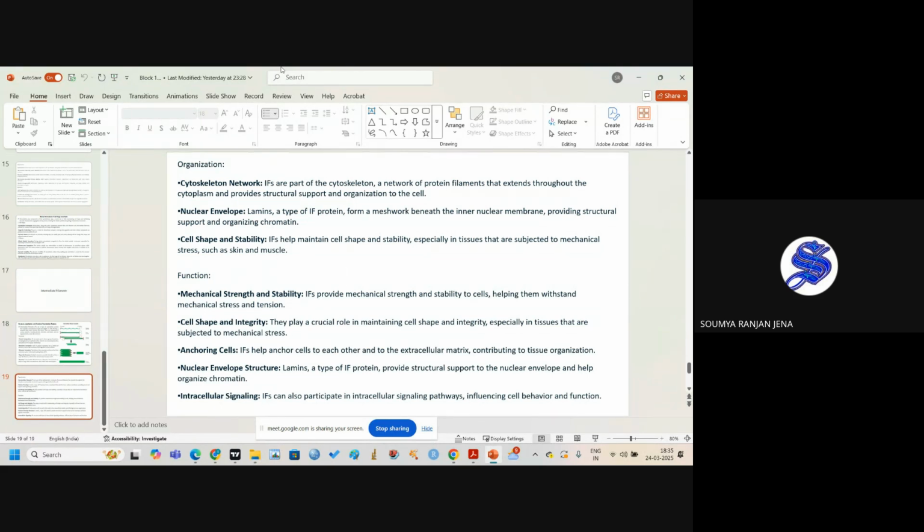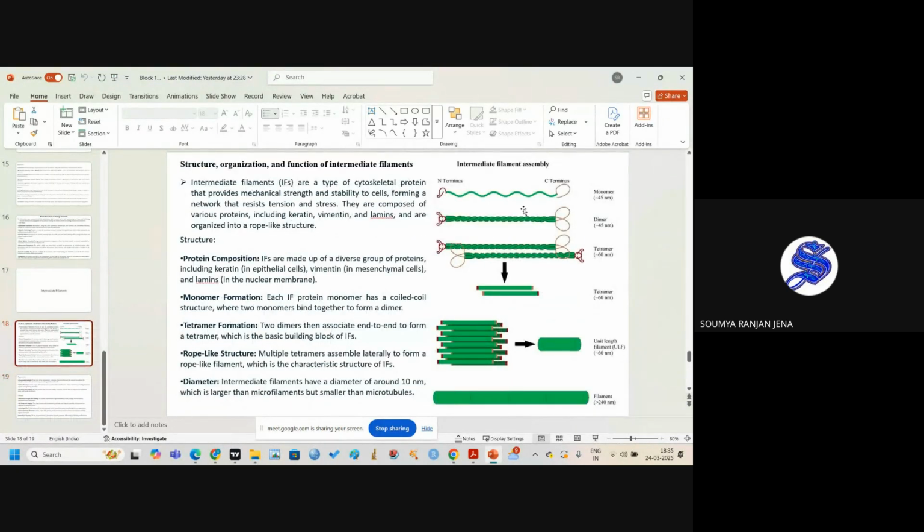Intermediate filaments also help maintain cell shape and stability, especially in tissues that are subjected to mechanical stress. We described how this rope-like structure gives tension, and during stress, how it helps give mechanical strength.